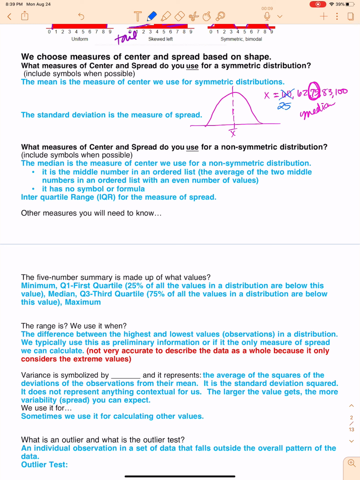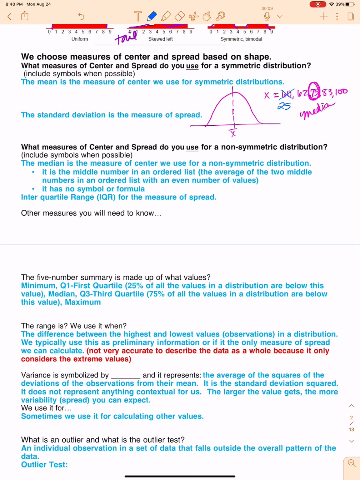25 is much lower than 62, the next lowest number. So when I take the average now, will that average be vastly different from what it was before? Yes, because 25 is extremely lower than 60 was. But will the median change?